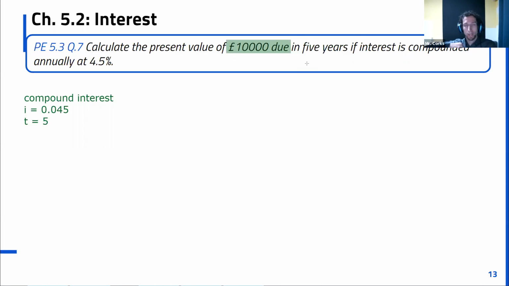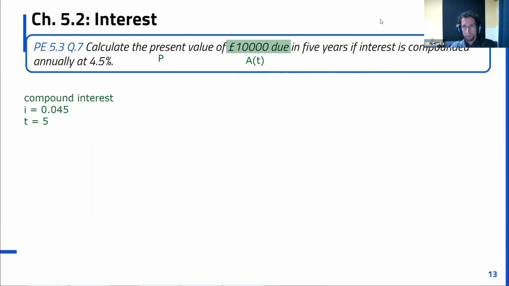I am due £10,000. So this is confusing phrasing, but this is talking about the final value. And with present value, we are being asked to find P. So those are the parts of what the question is trying to ask us here.